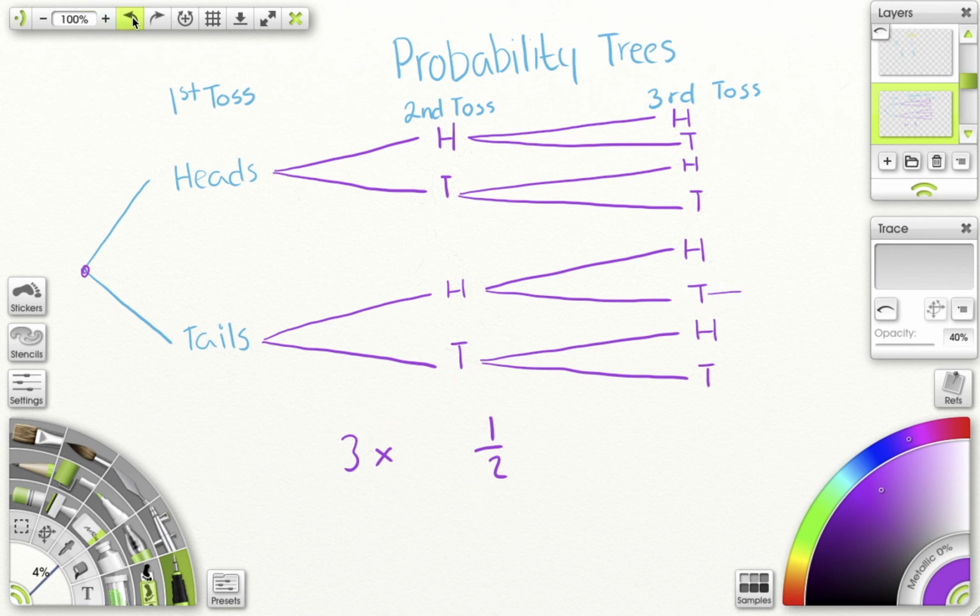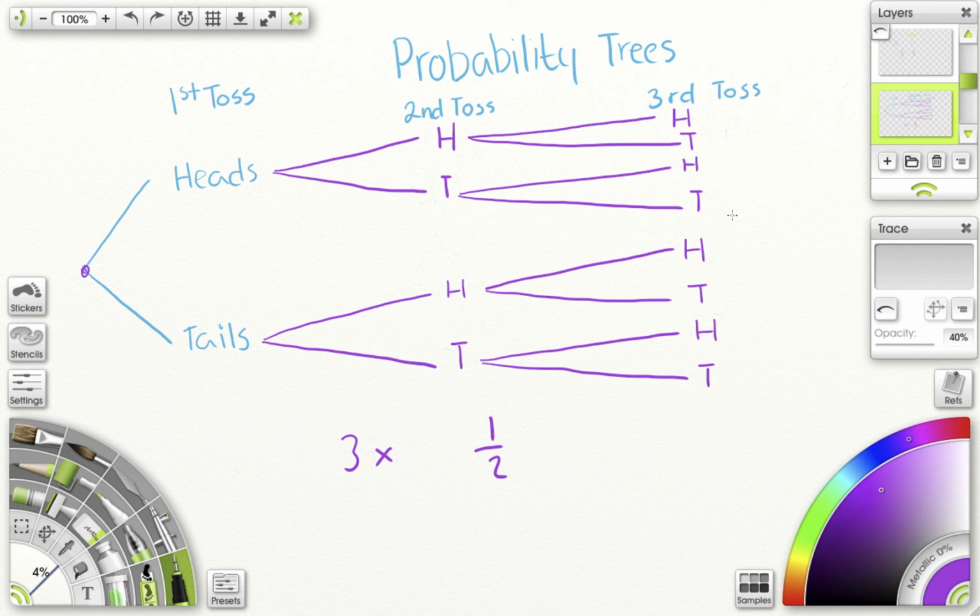I want to land all 3 times on heads. So that means the first toss I have to land on heads, second toss I have to land on heads again, third toss I have to land on heads again. What is the probability of me landing on heads all 3 times? Well, we have to look at the results of the third toss.